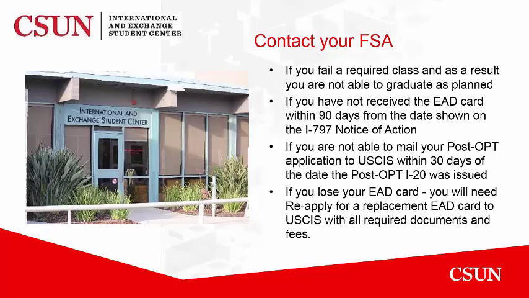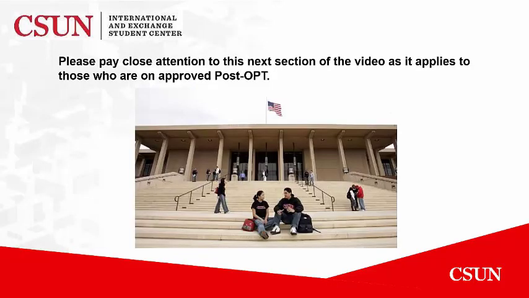If you lose your EAD card, you will need to reapply for a replacement EAD card to USCIS with all required documents and fees. Please pay close attention to the next section of this video, as it applies to those who are on approved post-OPT.